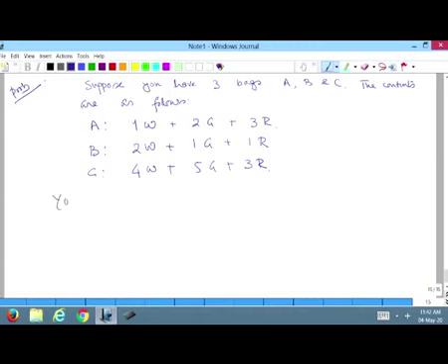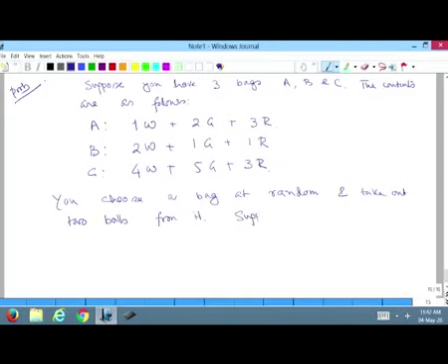You choose a bag at random and take out two balls from it. Suppose you get one white and one red ball.